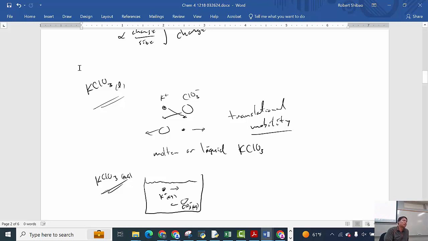The definition of electrolyte isn't so precise, and it depends on who you talk to, how they'll define it. So everybody says table salt is an excellent electrolyte. But is solid table salt an excellent electrolyte? Well, some people will say yes. Solid table salt is an excellent electrolyte because if you take that solid table salt and dissolve it in water, what happens? You'll have an excellent electrolyte solution.